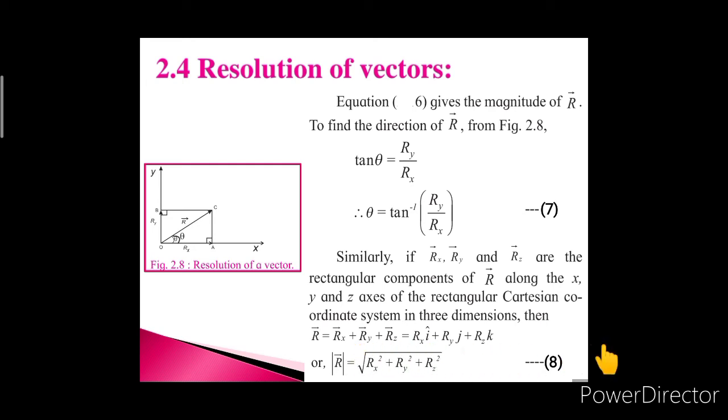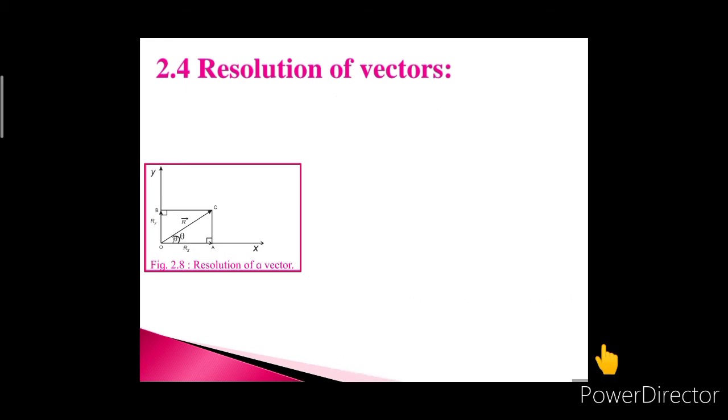And if the vector is to be resolved into 3 components, so in the same way, we can determine the magnitude of the resolved vector as square root of rx square plus ry square plus rz square. Now let us have the special case.